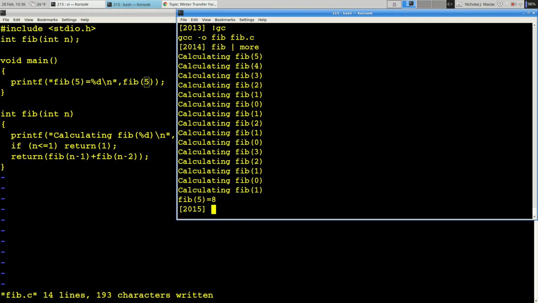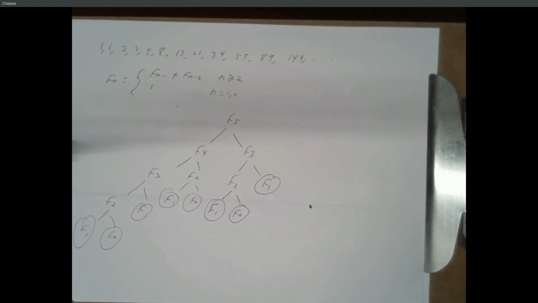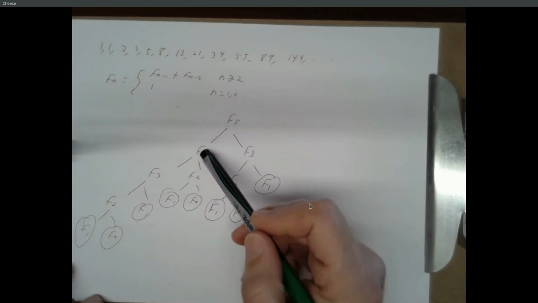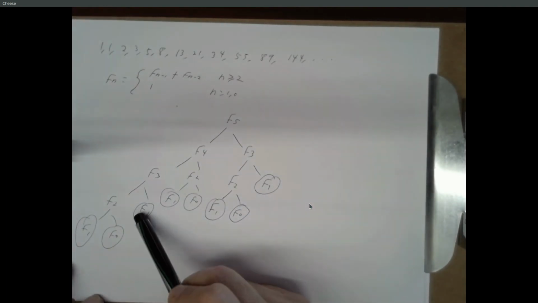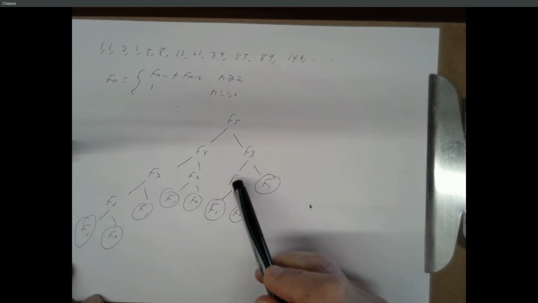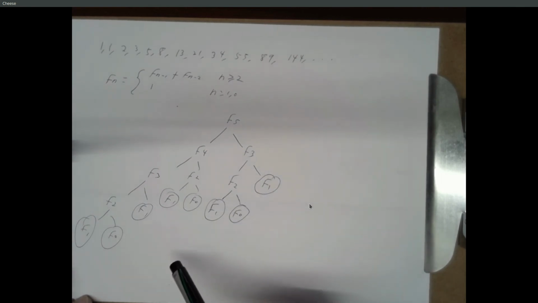So it's calculating 5, 4, 3, 2, 1, 0, and then 1, 2, 1, 0, 3, 2, 1, 0, 1. And that's this tree.